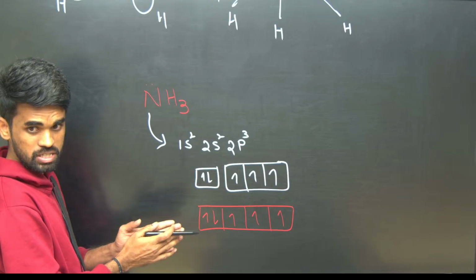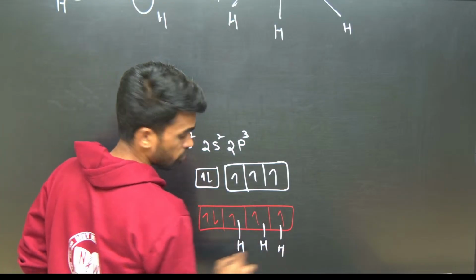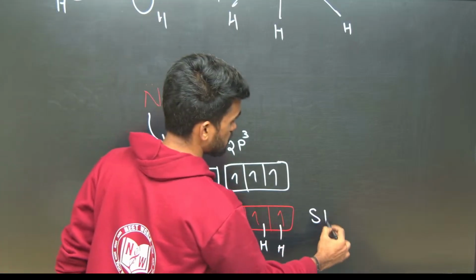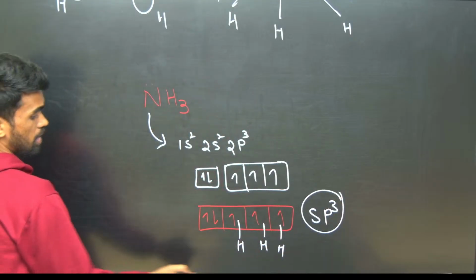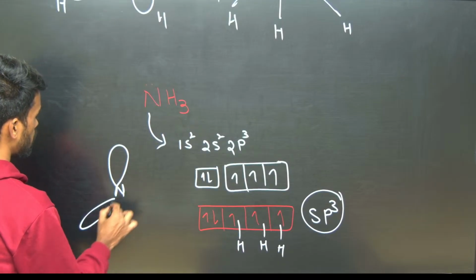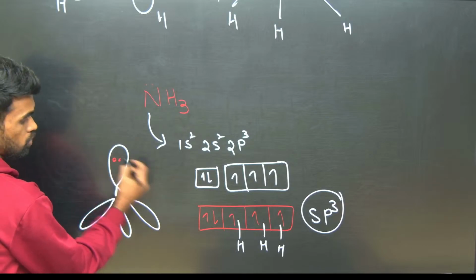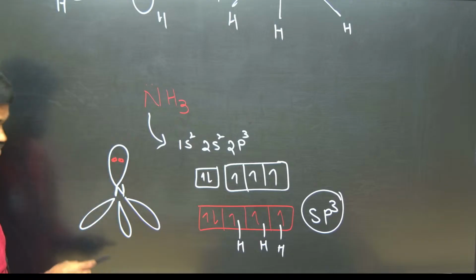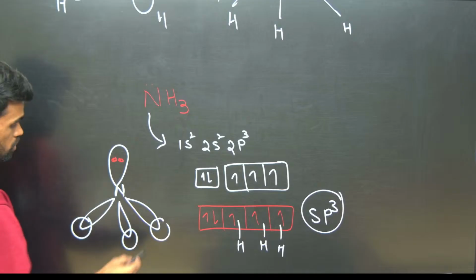But you need the exact structure, no? That's what I am giving. So hydrogen here, here, and here we have. So finally the total hybrid orbitals are four: one is s and the remaining three, sp3, we got. sp3 means again tetrahedral orientation around the nitrogen atom. You can have something like this. But in one of the orbitals we have a lone pair, so I am keeping it here, and the remaining ones will have three hydrogen atoms like this.